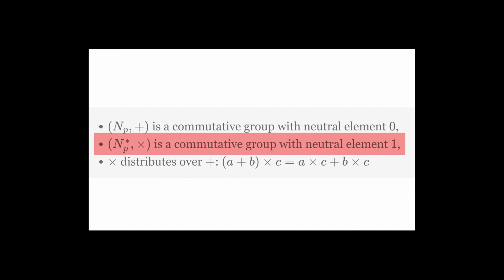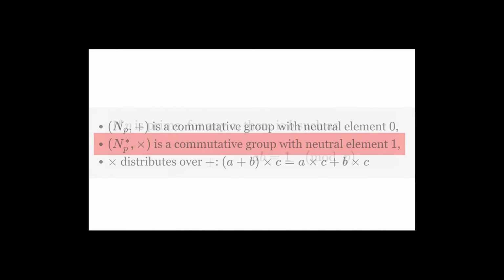So Fp star is again the elements of Fp, which are elements 0 to p minus 1, but without the 0 element. So 1, 2, 3, 4, and again all the way to p minus 1. They must form a group for the multiplicative law.